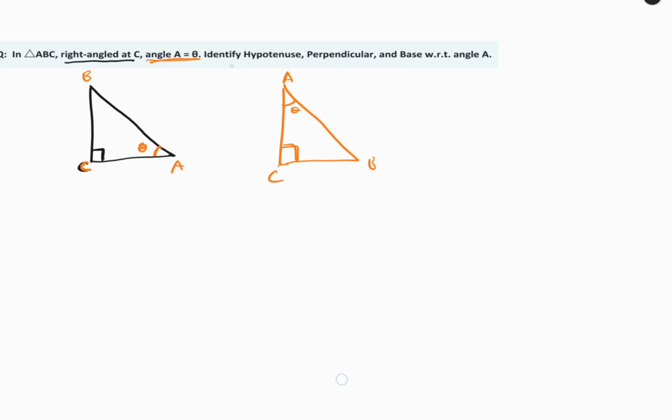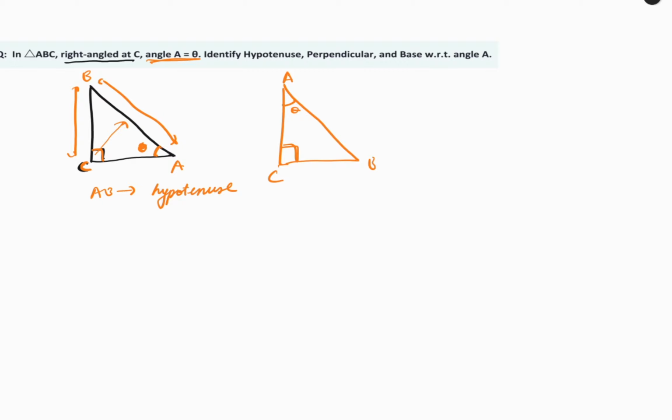ठीक है, now we have to identify hypotenuse. सो हाइपोटेनियस हमारी कौन सी साइड होगी? अपोजिट टू द राइट एंगल. सो हाइपोटेनियस this. सो ए बी हमारा क्या हो जाएगा? हाइपोटेनियस. नाउ परपेंडिकुलर would be थीटा के एंगल वाला अपोजिट वाला साइड.